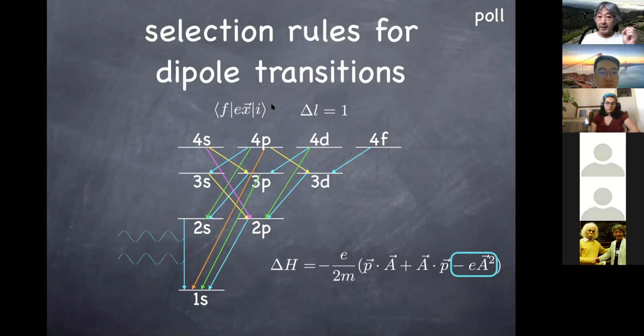So the total parity of the initial state with a dipole operator acting on it would be minus 1 to the L times minus 1. So in order to have the same parity for the final state, the final state cannot have the same orbital angular momentum L, because that would give you the opposite parity.